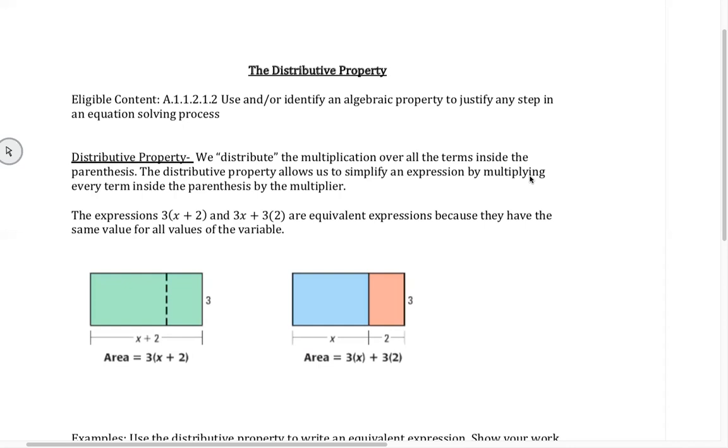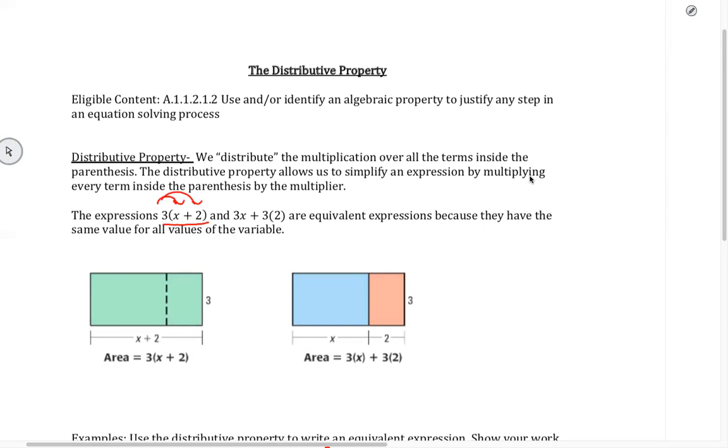Okay? So if we look at the expression right there, 3 times the quantity of x plus 2. Well, what I'm going to do is distribute that 3 inside.